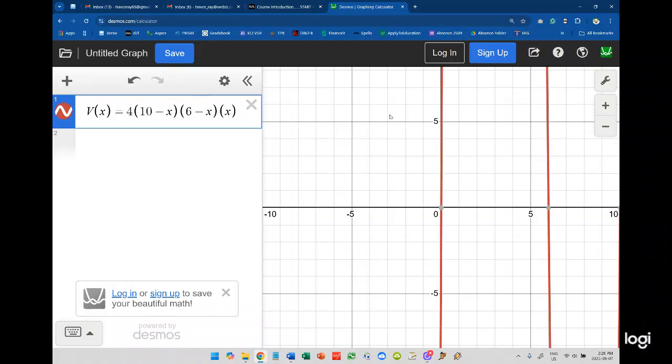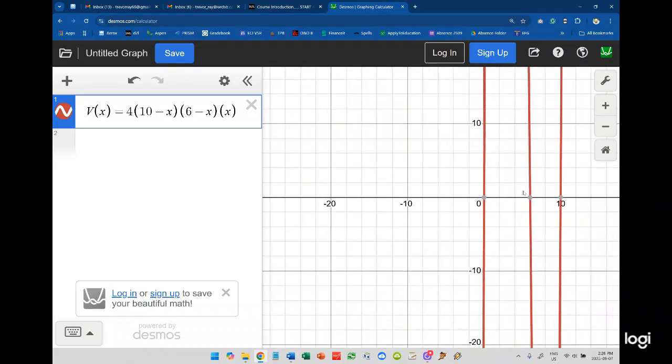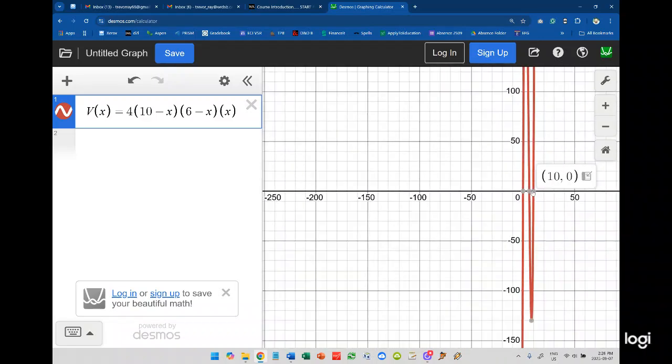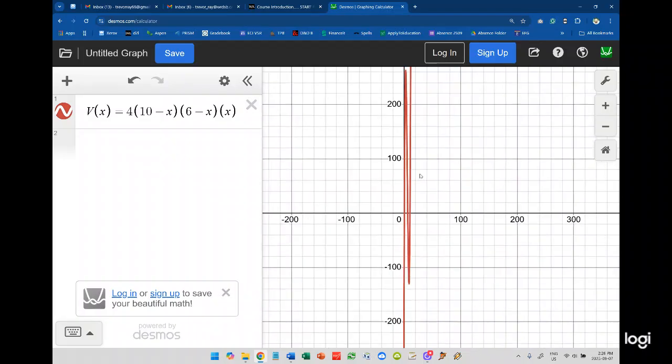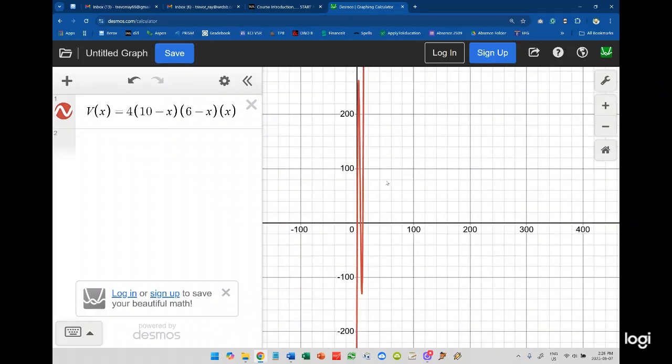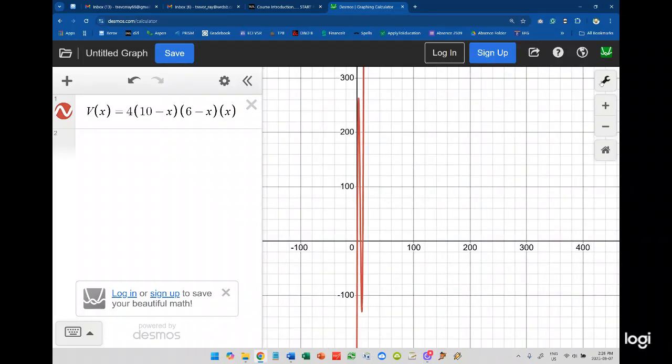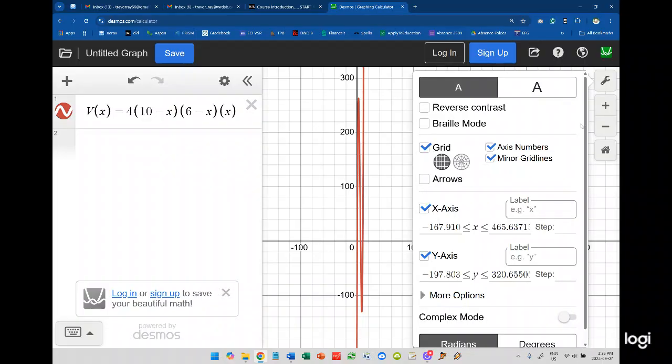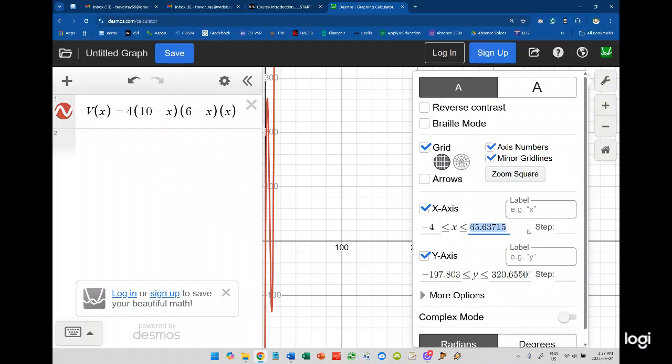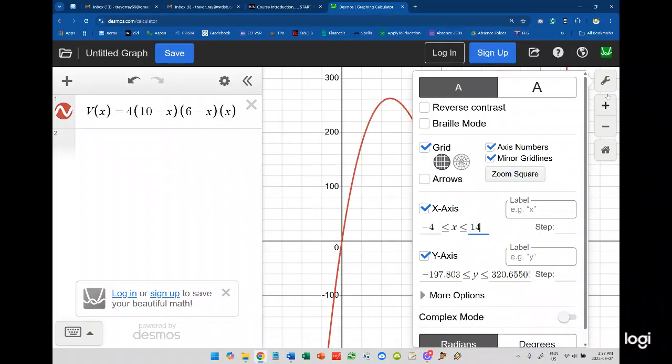Looks like this. And again, it's very stretchy, so I'm going to fix it in a moment. I know all the good stuff happens between x equals 0 and 10, but I got to go down a little bit and go to maybe -4 and 14, just so nothing gets cut off.